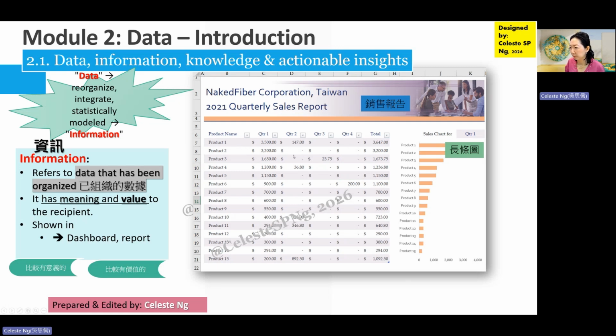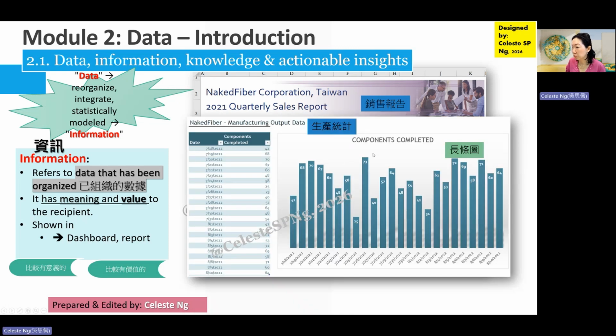It shows us the total spread over different quarters, and over time, among X number of products, which product sells the best. So this becomes information. And information is usually shown in a report. This is also another report, right?